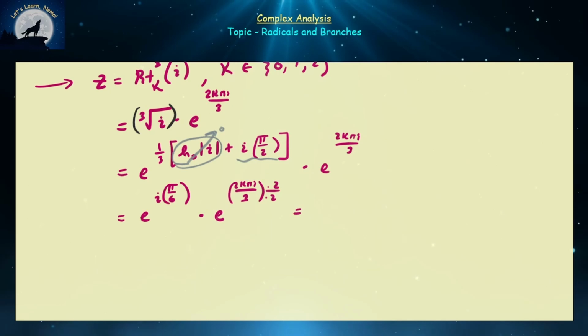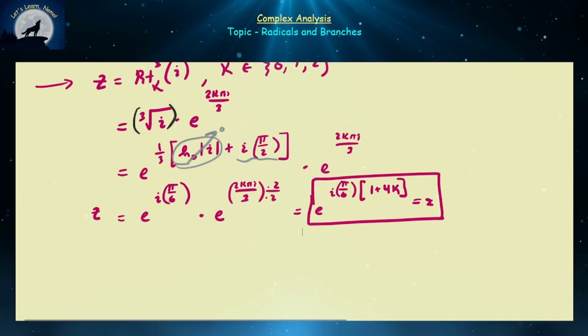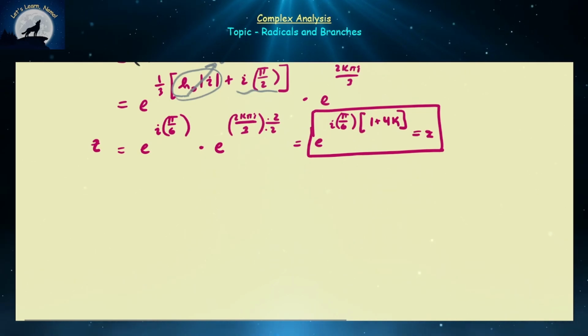So this is going to be equal to e to the i pi divided by 6 multiplied by 1 plus 4k. And those are going to be our solutions for our equation, right? At least in polar form. Again, k is going to belong to the set 0, 1, and 2.